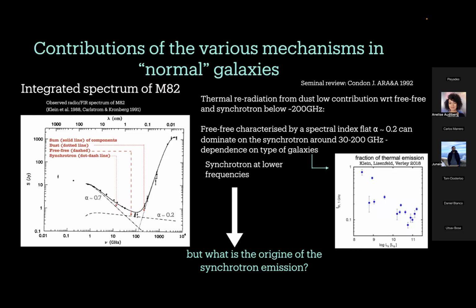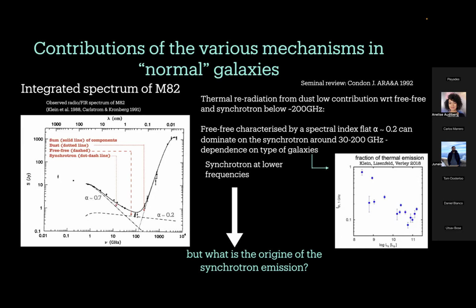I didn't know, but we have an expert in dwarf galaxies, so I learned. There are these two mechanisms. In most cases, the synchrotron will be dominant. In some others, the free-free could play a role, but in most cases it is at the higher part of the radio frequency.